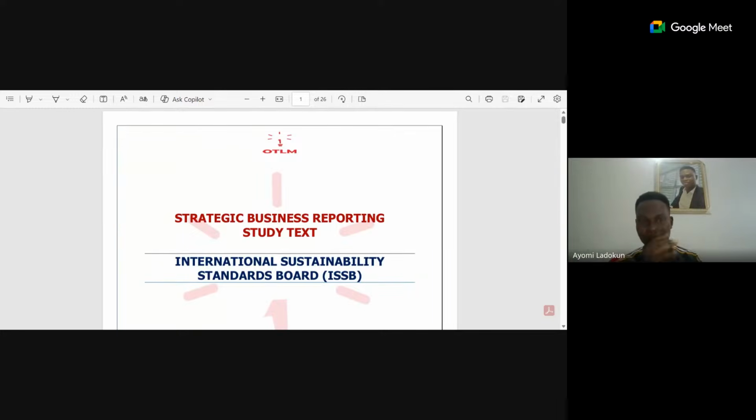So the idea is that if you cut a tree, plant another one, or the ability of a company to make profit today without preventing future generations from also making profits or creating value. So that's where the concept of sustainability started from. When you go online, for example, you'll see a lot of sustainability standards or frameworks, like IIRC, GRI, so many of them.